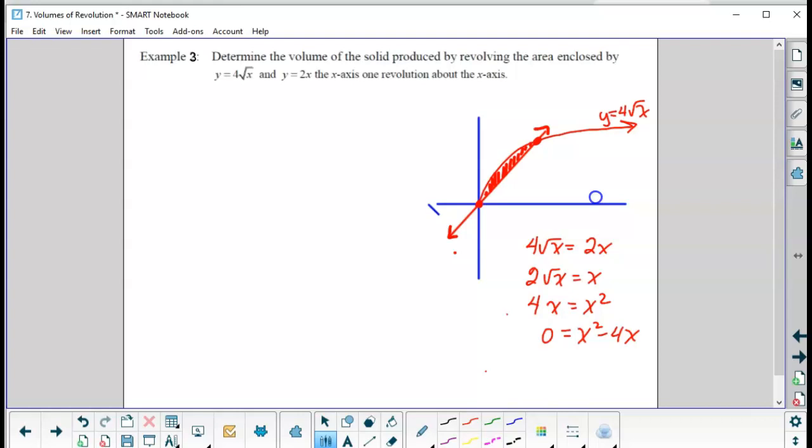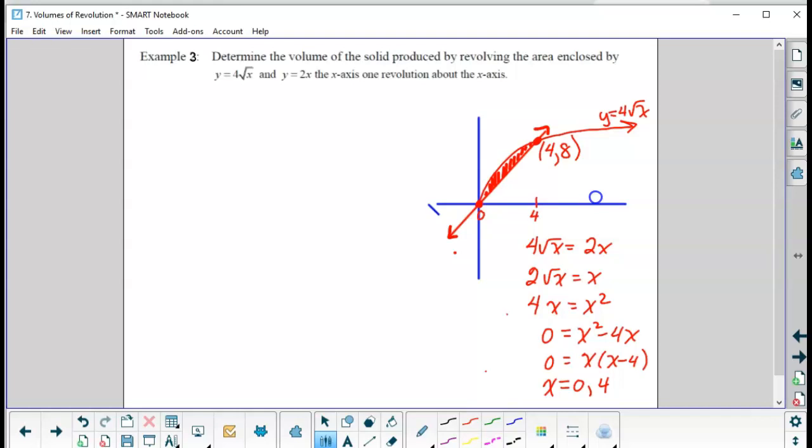Don't divide by x, because then you only get one point of intersection, which doesn't make sense. So then this is x times x minus 4, so x equals 0 and 4. There's your 0, and at 4 your y value is 8. Do you really need to know the y value? Actually, you don't. You just want to rotate between 0 and 4.